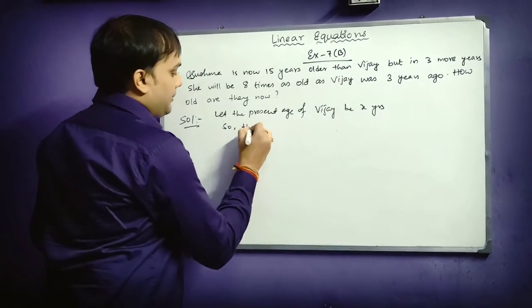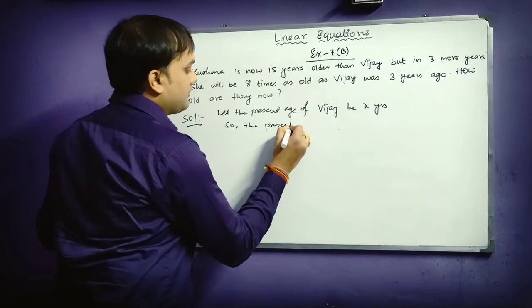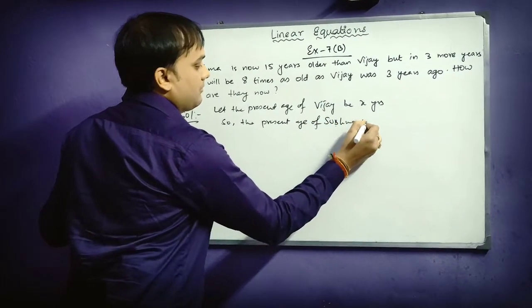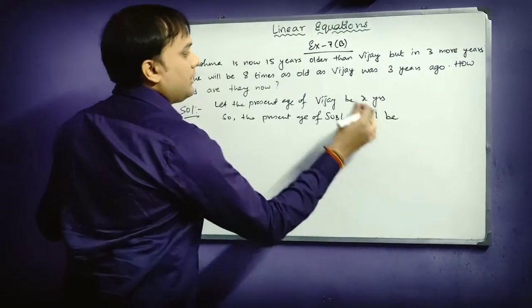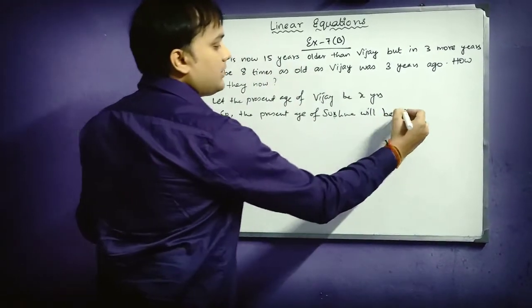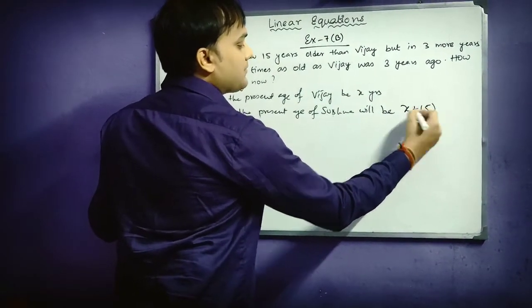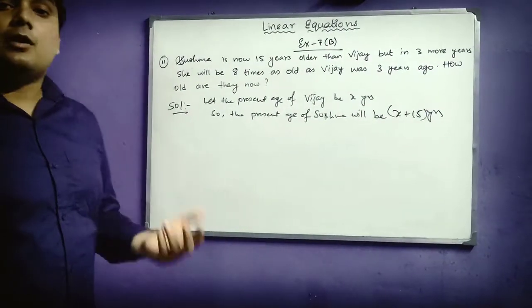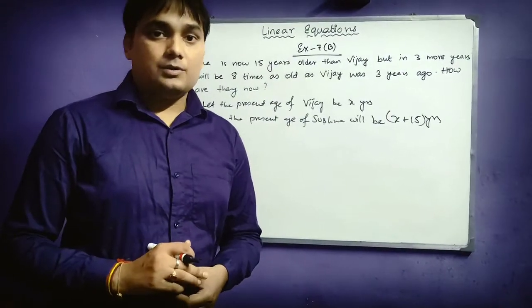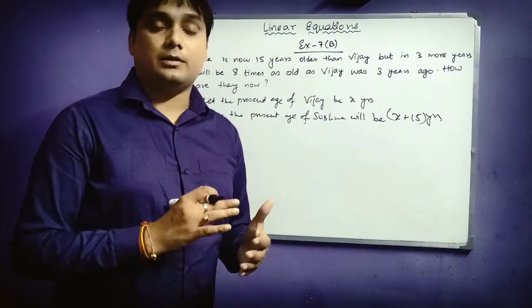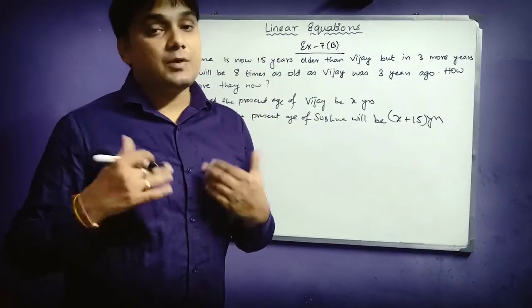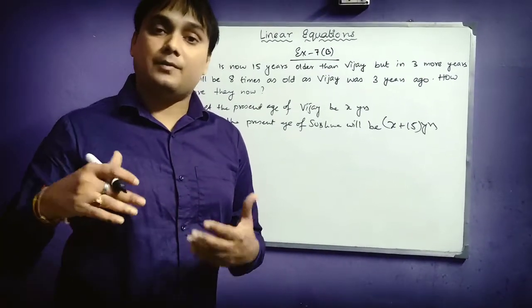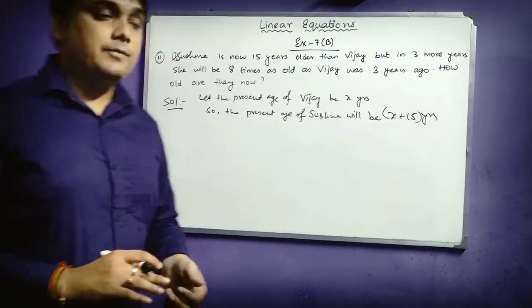So the present age of Sushma will be how much? Sushma is 15 years older than Vijay. It will be x plus 15 years. So students, first you have to decide for what you are going to take the variable. You have to take a variable for that quantity which will make your question easier, by which you can solve it very easily. In that way you have to assume.